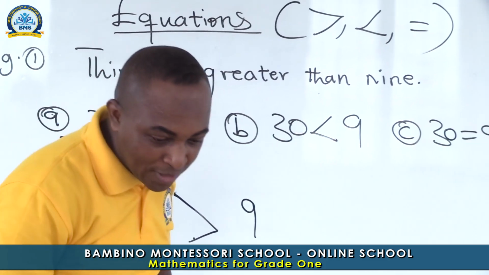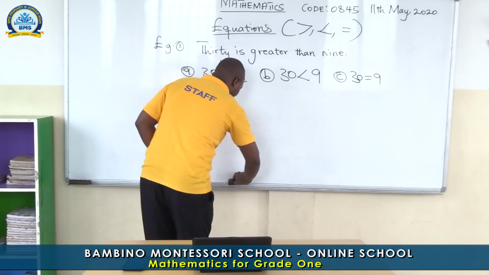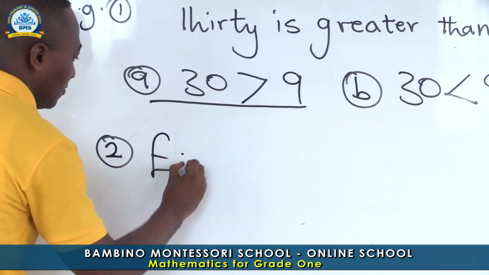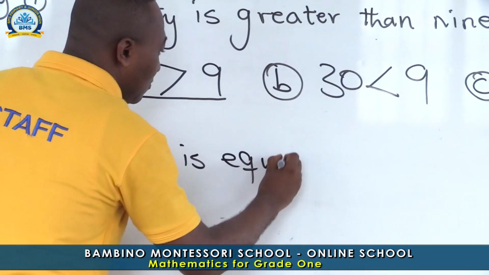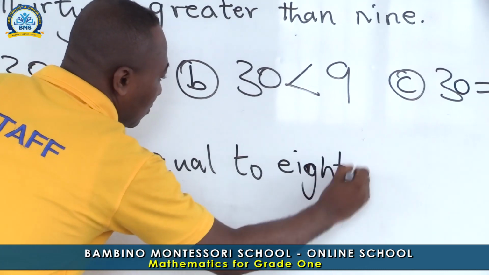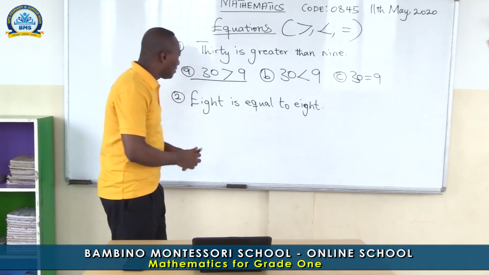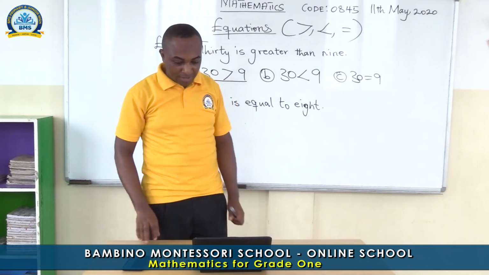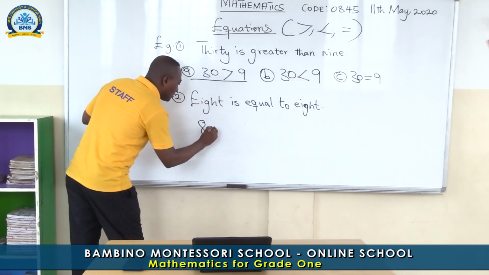Let's see another example. 8 is equal to 8. That's example 2. Once again, I'm going to give you 3 options and you have to tell me which of the options is correct. 8 is equal to 8.